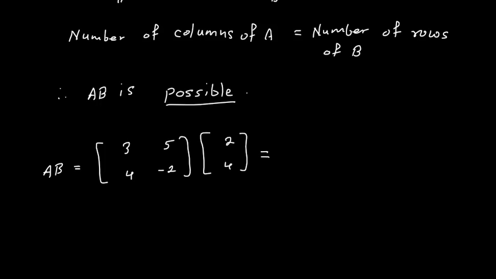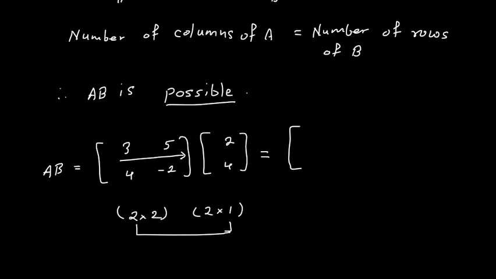Now see, here we have order 2 into 2 and here we have order 2 into 1. So your final product will have order 2 into 1, meaning we have 2 rows and 1 column. Keep this in mind: there should be only 1 column and we have 2 rows.